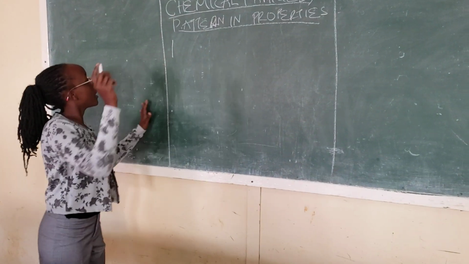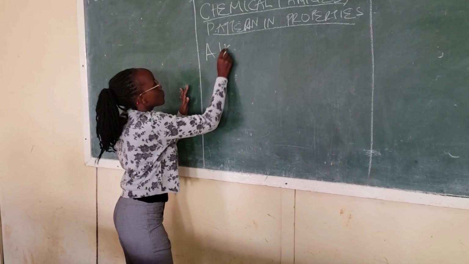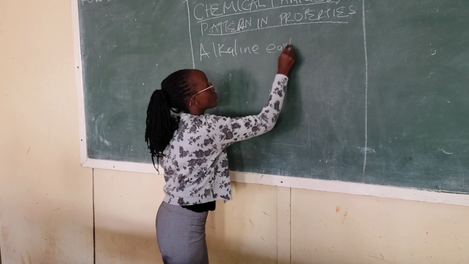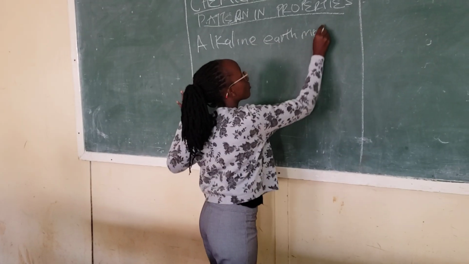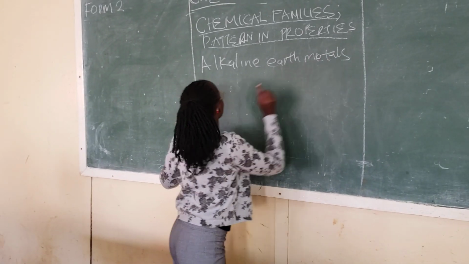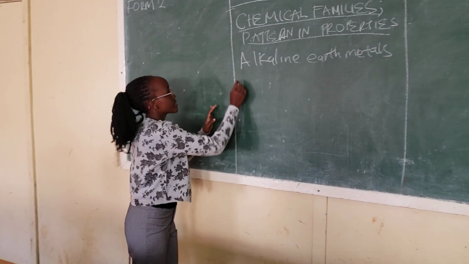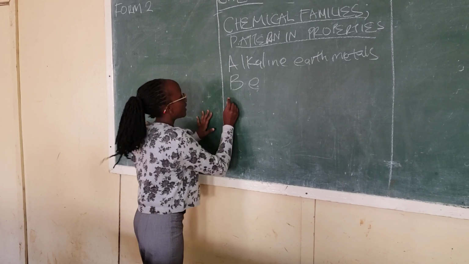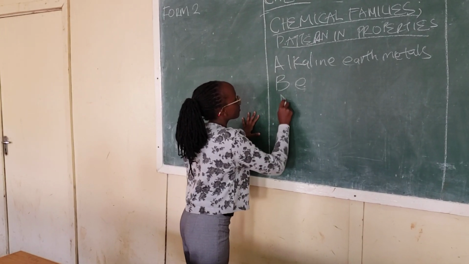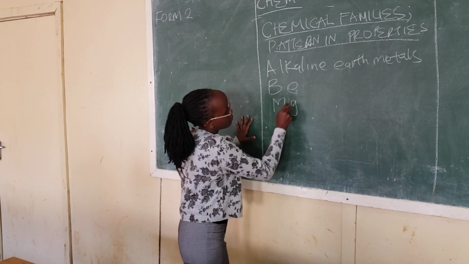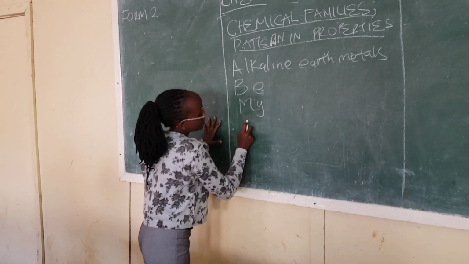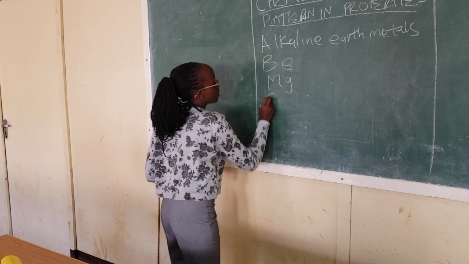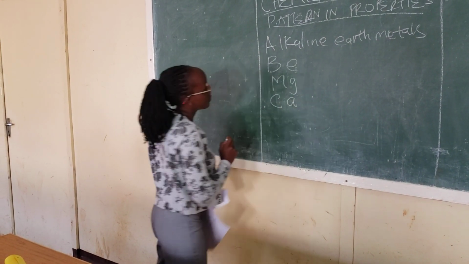So we have alkaline earth metals. What Debbie has said, we have beryllium. We also have magnesium, and we have calcium.